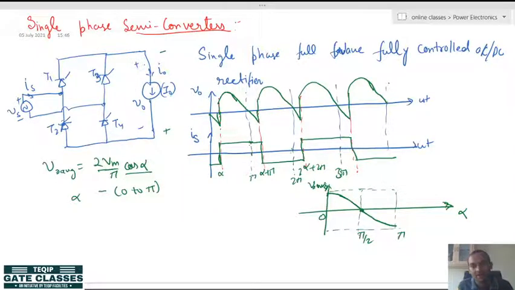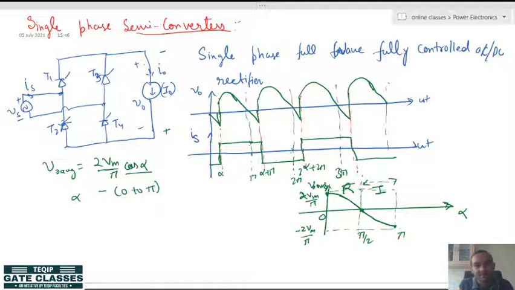At alpha equal to 0, it will be the maximum value, that is 2 Vm upon pi, and at alpha equal to pi you will also get the maximum value, but on the negative side, minus 2 Vm upon pi. So 0 to pi by 2 is called rectifier mode, and pi by 2 to pi is known as inversion mode, or line commutated inverter mode.